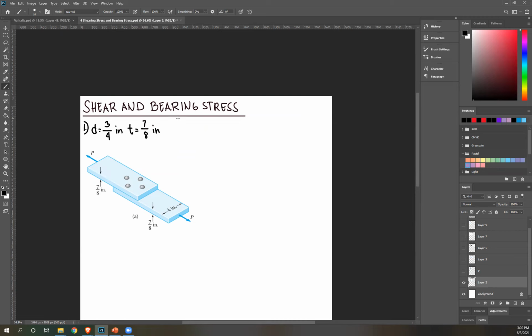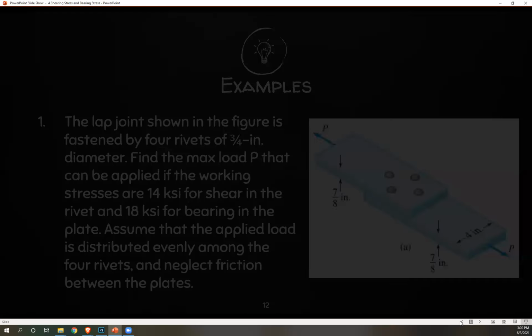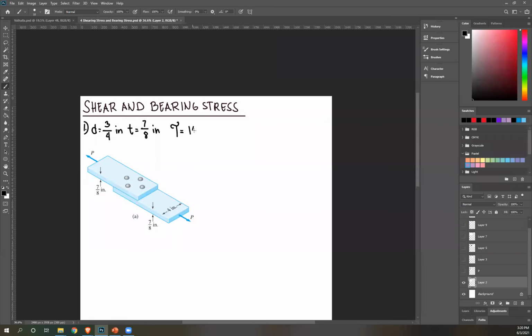Then we're given working stresses. First is your shear stress, 14 ksi, and then bearing stress, 18 ksi. Okay, so that's all of our given.